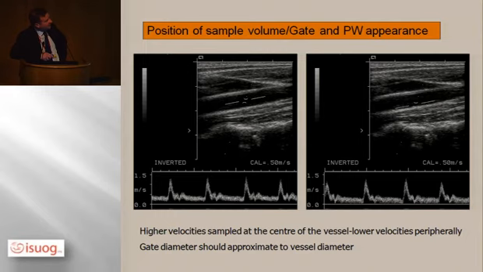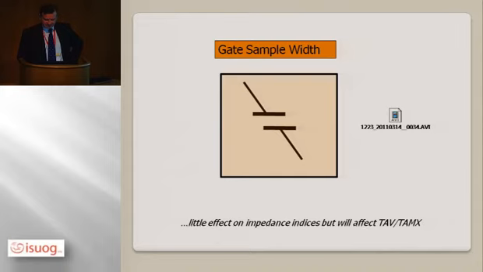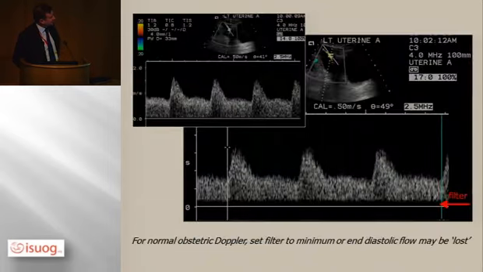With the gate size slightly larger and at the periphery of the vessel, we've suddenly brought those into play. So just be aware that the gate size should probably match the size of the vessel, and it should be positioned centrally, or else you will oversample parts of that flow velocity waveform. So that won't affect PI and RI, or shouldn't, but will affect velocities.